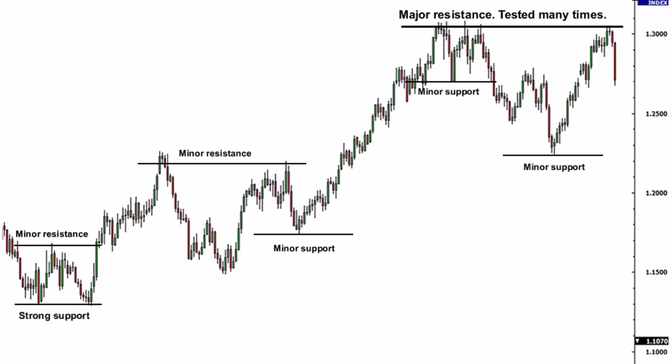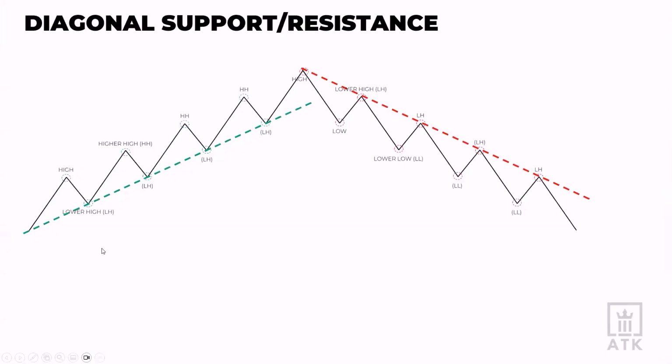Now we're going to talk about diagonal support and resistance, because you're not going to get resistance from just horizontal lines. So let's look at diagonal support and resistance. On trends, the trend line is a diagonal support and resistance. So you're going to have support from the highs to the lows.